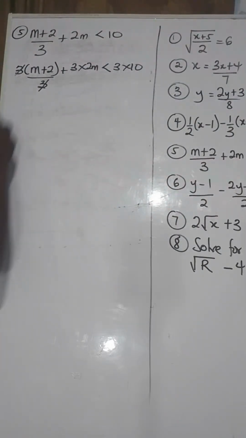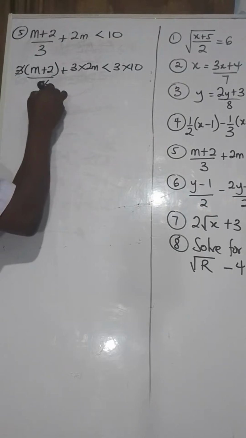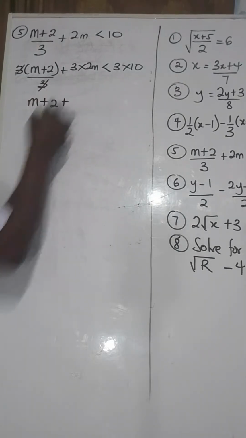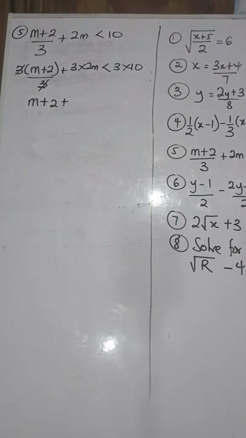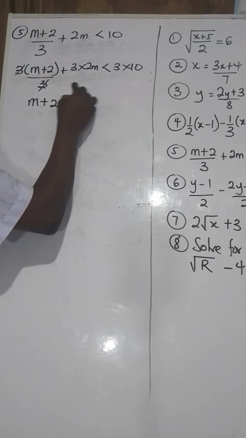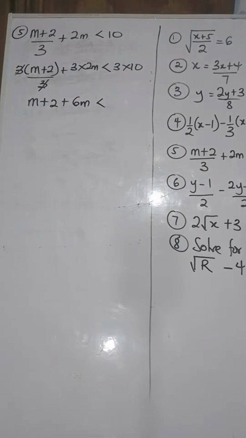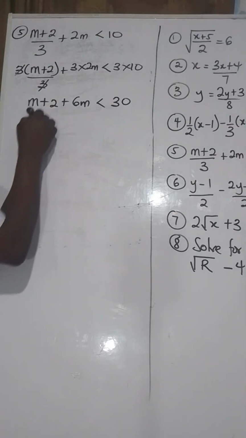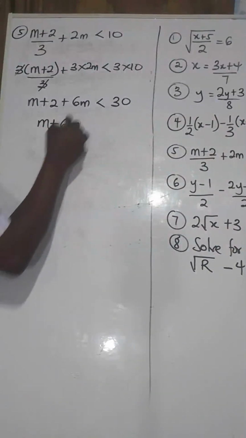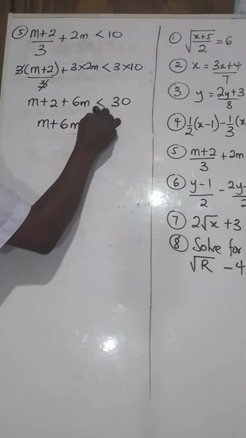Then we have m plus 2 plus 3 by 2m, that will give us 6m. So less than, we have 3 by 10, that will give us 30. Right. So we have m plus 6m less than 30.